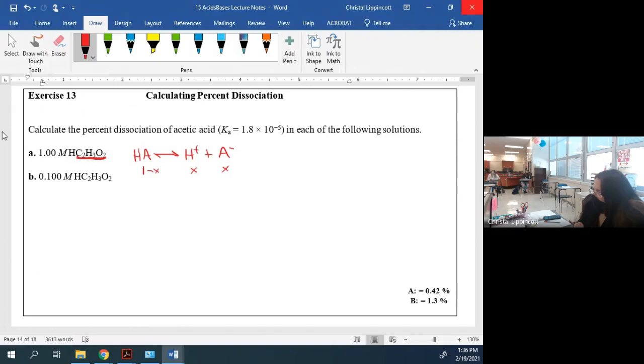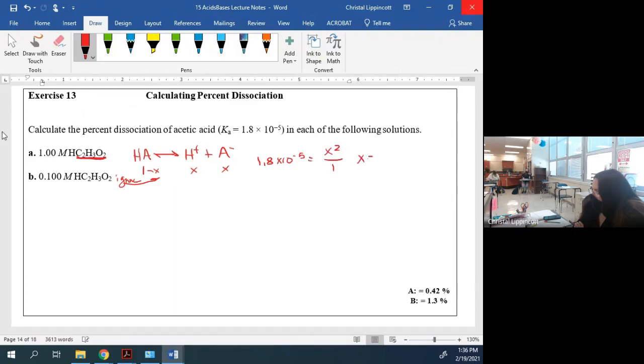I can see that this order of magnitude is over 100 times different than this order of magnitude. Therefore, I can ignore this. I just need to document it. Then I can set up my situation here where I have 1.8 times 10 to the minus 5 equals x squared over 1.